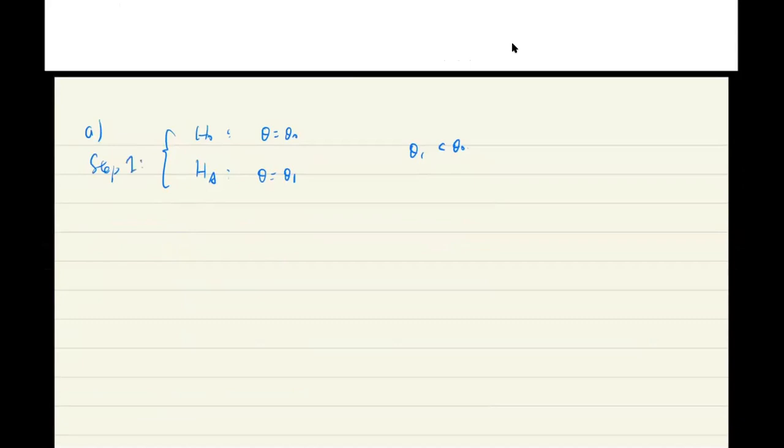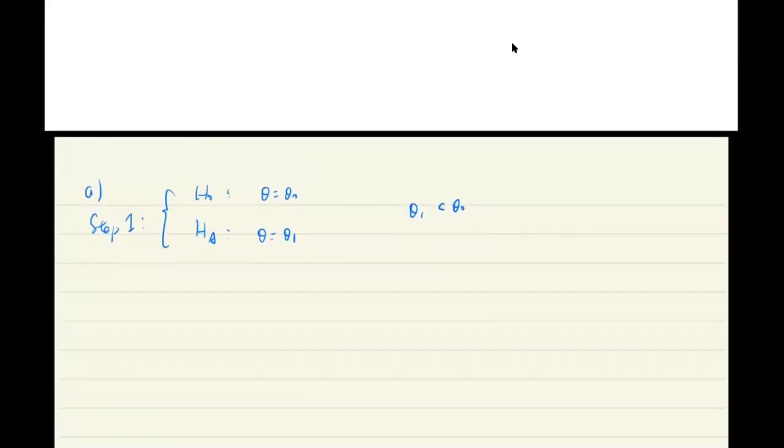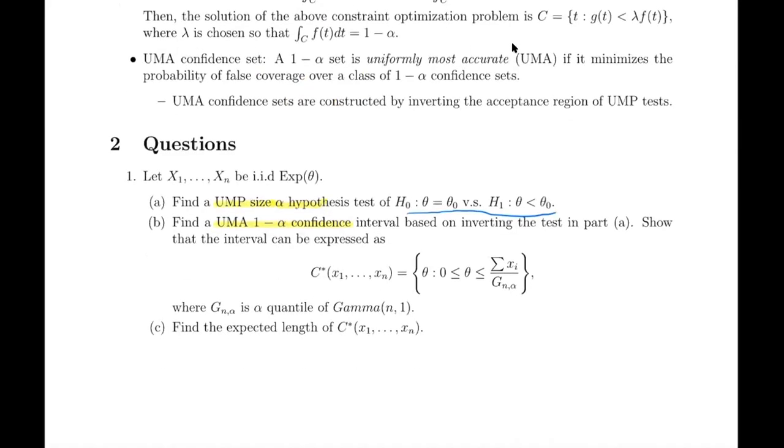Can't we use the Karlin-Rubin theorem? Oh, okay. The Karlin-Rubin theorem, for this case, I think if you can show this has a monotone likelihood ratio, then you can use Karlin-Rubin.